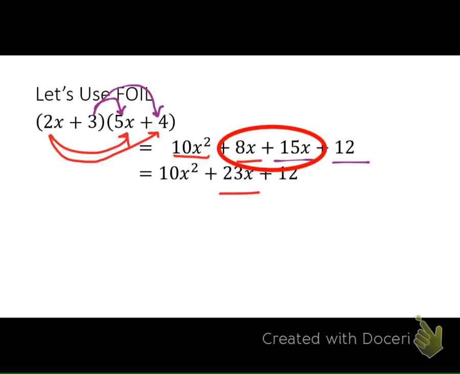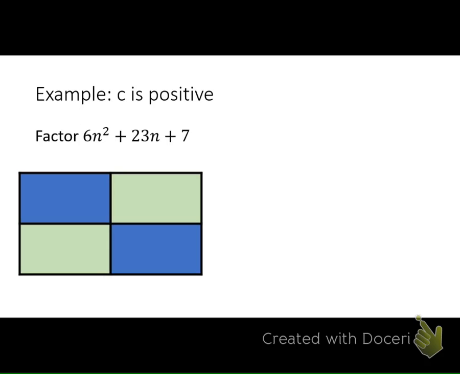So my goal is to get from down here with my original trinomial back up to those two binomials. That's still my goal, and we can still use boxes to do that. The first thing you have to do when you have your boxes is look at all three of your terms. I need to look at 6, 23, and 7. Do they share any factors?